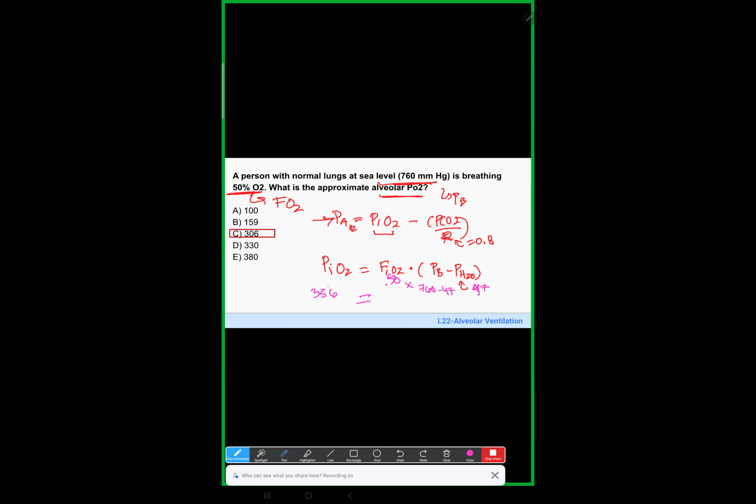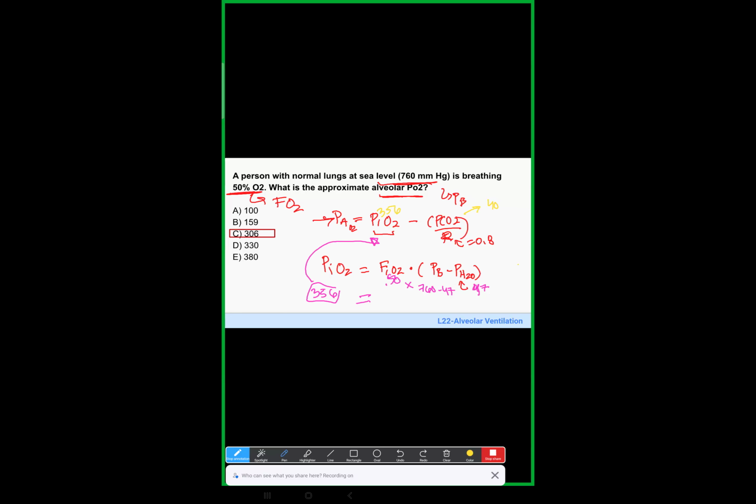Then we take this value, 356, and plug it back into the first equation. And the PCO2, here's another value that you have to know. Usually the PCO2 is 40, unless they mention something else, unless they say, oh, by the way, the PCO2 is 30 or something.